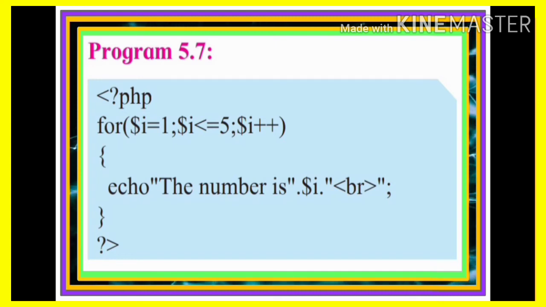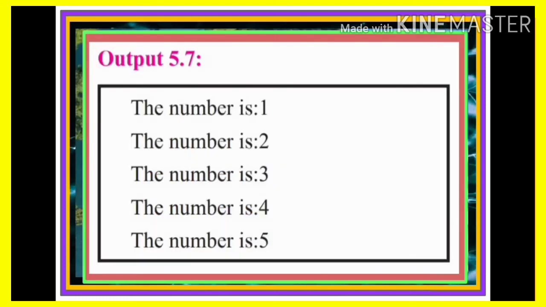In the next line close curly braces and close PHP by using question mark greater than sign. Save the program and execute on the browser. It will show this output. The output shows 5 lines. The number is 1, the number is 2, the number is 3, the number is 4, the number is 5.